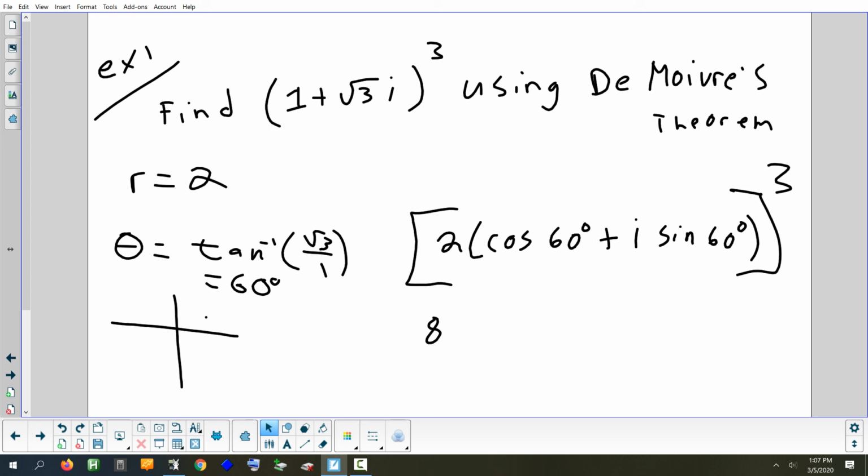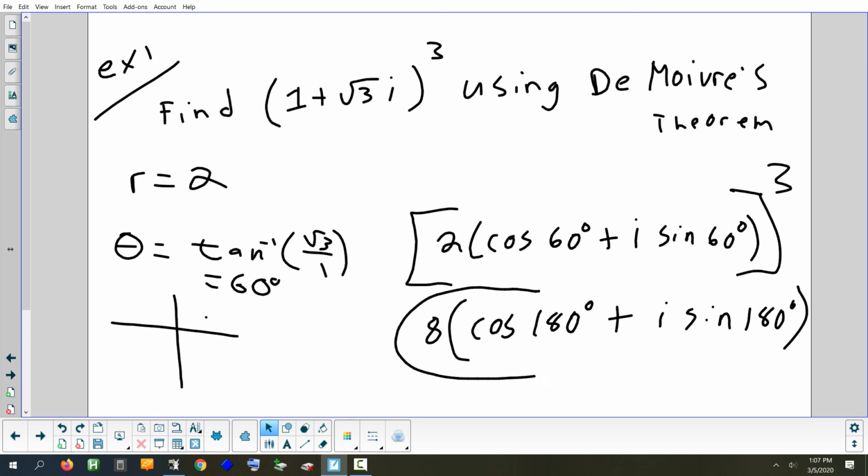Raise the radius to the power, so 2 cubed. And what about your angle? Multiply your angle times the power: cosine 180. That's it. So no foiling, no odd squareds, none. So what you wrote right here is the trig form of the answer. Okay, that's trig form.